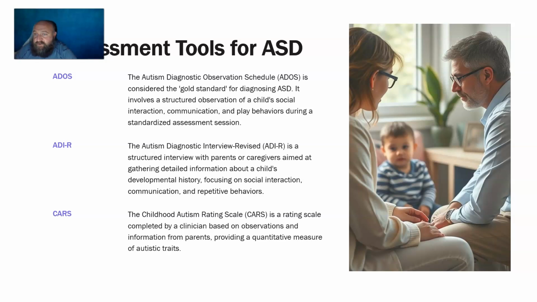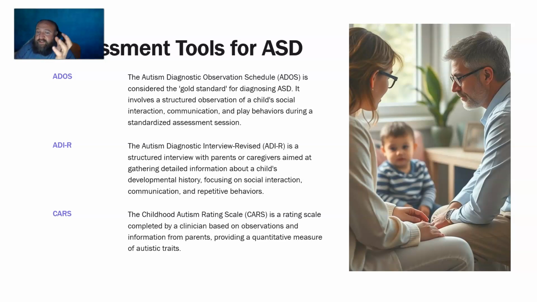The gold standard for assessments for ASD is an assessment tool called the ADOS. I've heard this pronounced two different ways. ADOS is what I'm going to say. So it stands for Autism Diagnostic Observation Schedule. This is generally considered to be the gold standard of diagnosing ASD.